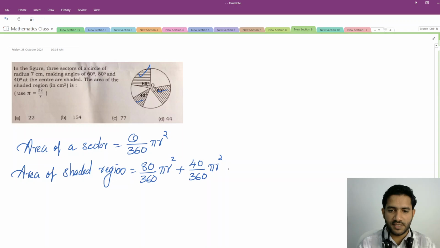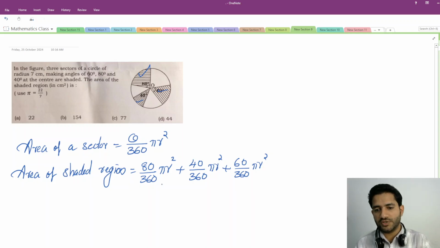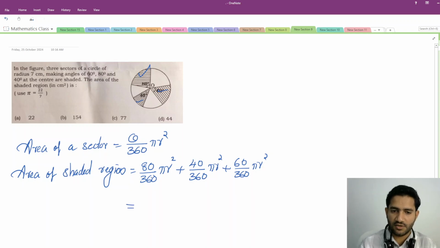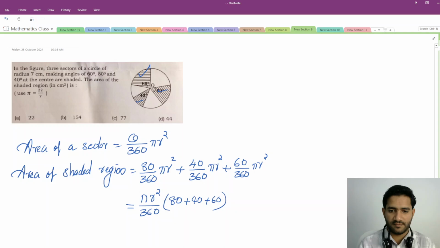The third one 60, so 60 by 360 pi r square. In these 3 terms, pi r square by 360 is common. So we can take pi r square by 360 common. Then 80 plus 40 plus 60.